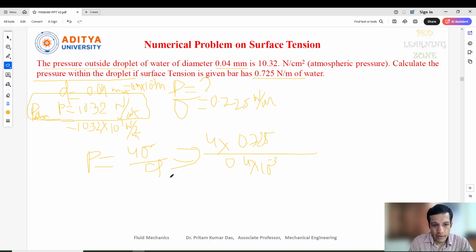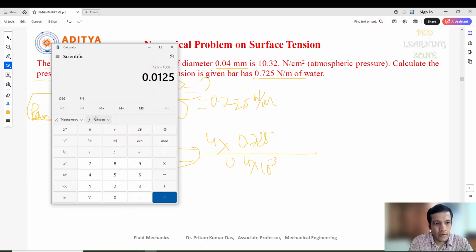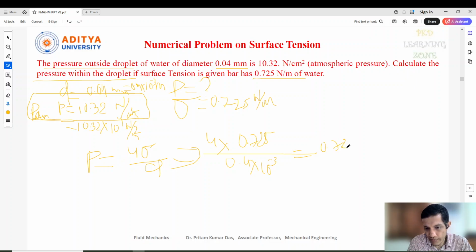Now 4 into 0.725 is 2.9, divided by 0.04, that is 72.5 divided by 1000, so that is 0.00725 Newton per meter square. You can write that in centimeter square, that will be 0.725 Newton per centimeter square. So this is the pressure inside the water droplet.